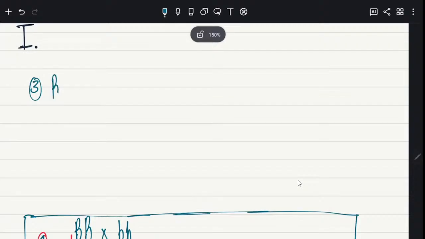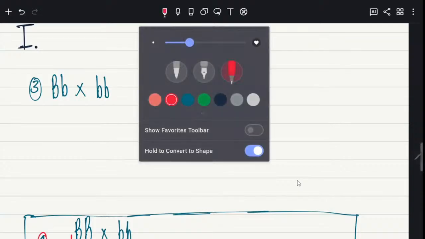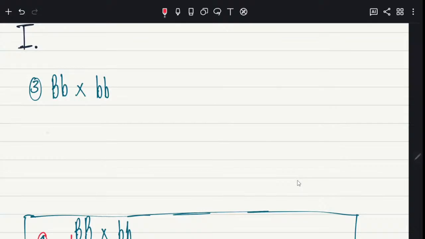When you cross a heterozygous parent with a homozygous recessive parent, it's like you're doing a test cross. What you know is that you are going to get 2 being like this and 2 being like this.